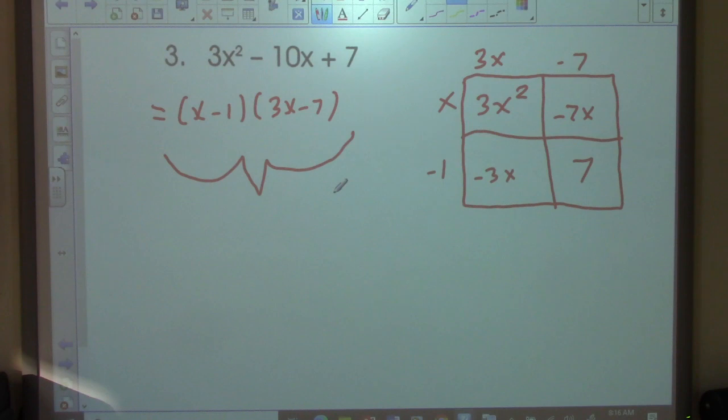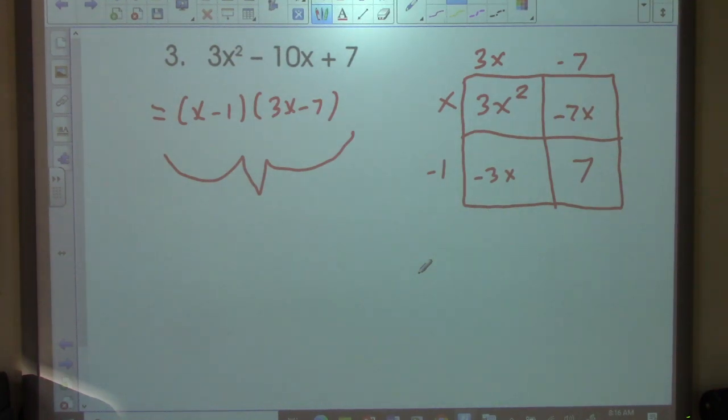So it's going to be 1 times 7 in some type of order, or in this case, negative 1 times negative 7. So when you have a situation like this, a box method is really helpful. And there is a way you can do this without trial and error that some people like a lot better.